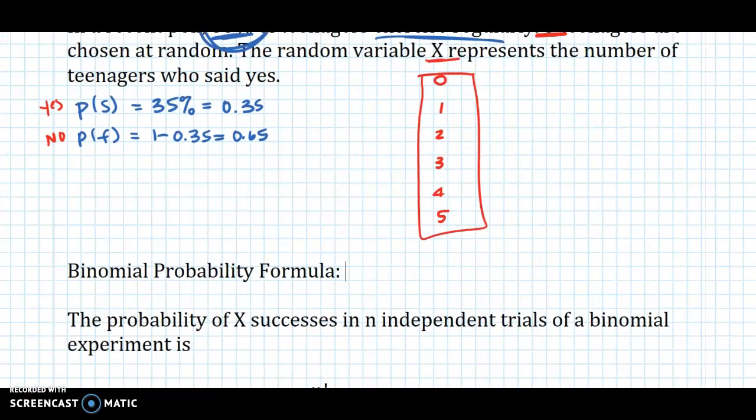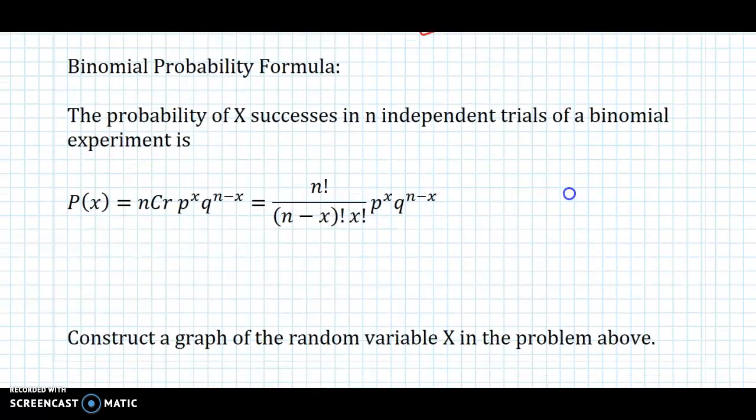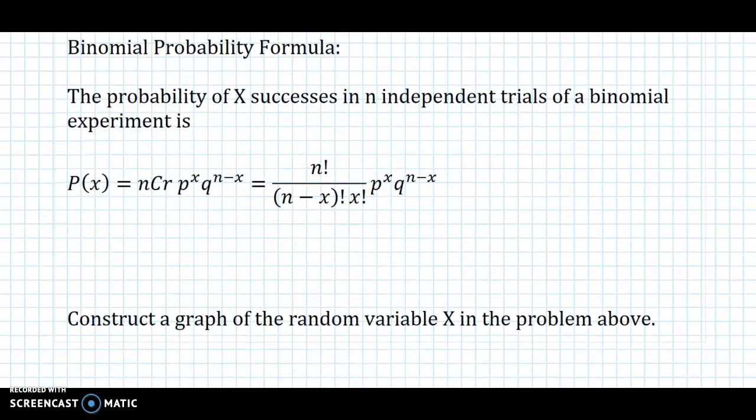Now, the problem is, to do this by hand is very complicated and often involves making a tree diagram. So we have a formula, and the formula actually coincides very well with your binomial expansion theorem.